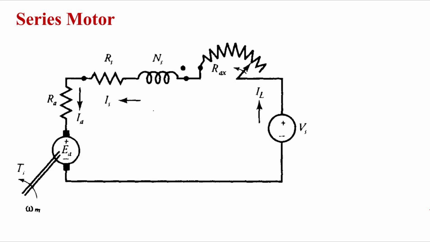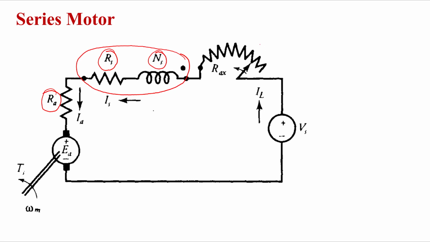Like we can see here, we have a motor, and this resistance is your armature resistance, and this is your field winding, where Ns is the number of turns in the field winding, and Rs is the resistance of the series field winding, right?